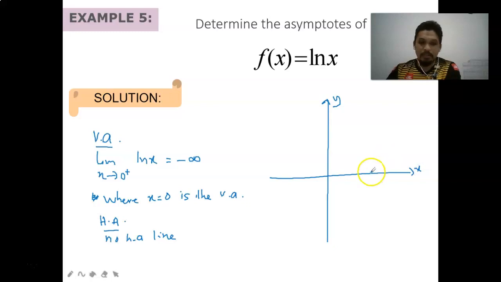Okay, the line of y equal to ln x is the one here. We have discussed the lines of y equal to e to the x and y equal to ln x in chapter 5.